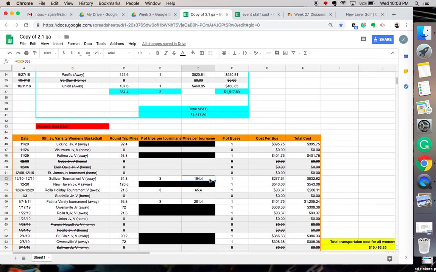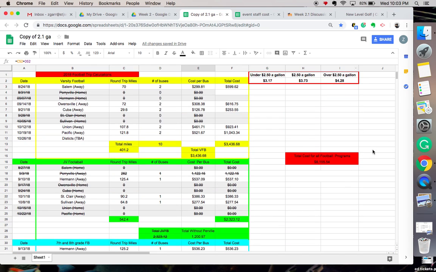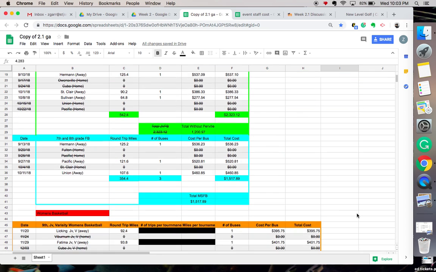Actually, in total, for all 3 of those trips, it would really be 194.4 miles, not 64.8. So I did that by our I2 cell.